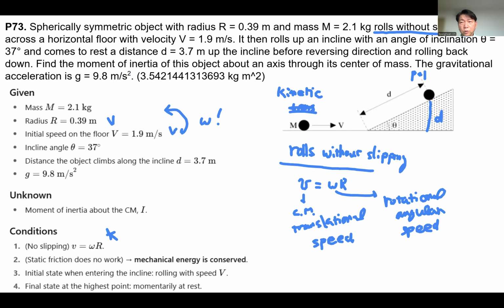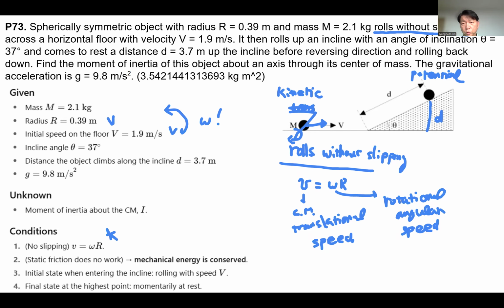So we have seen this kind of problem before, where all the kinetic energy is changed into potential energy. But the key thing here is that the kinetic energy is now divided into rotational plus translational.